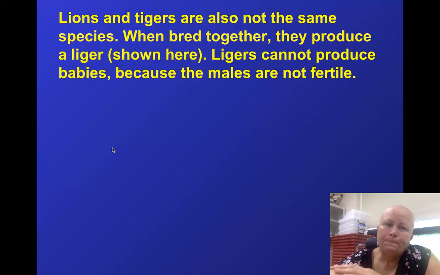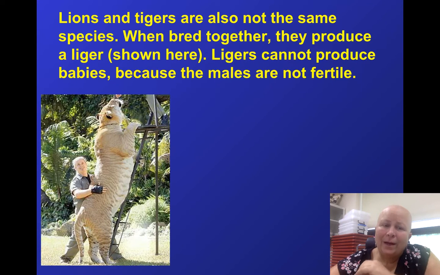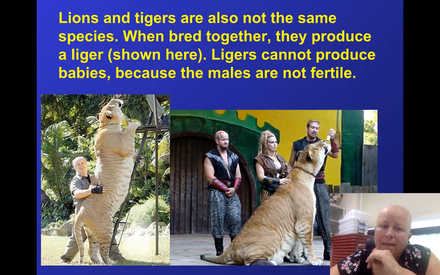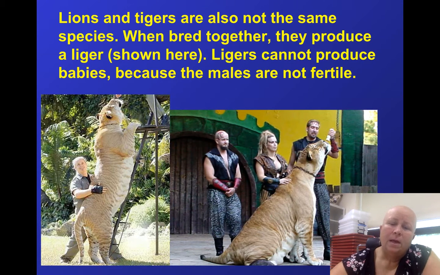Okay. Another example, lions and tigers are not the same species. They can be bred together, but they produce ligers, and ligers cannot produce offspring. So even if you have a male and a female liger that mate, they will not produce any children. None. Okay? Because they're different species.